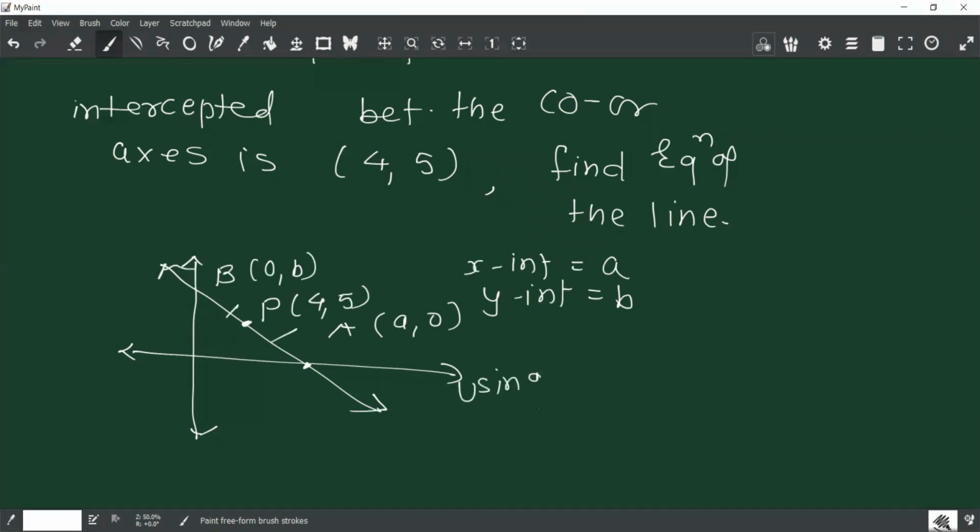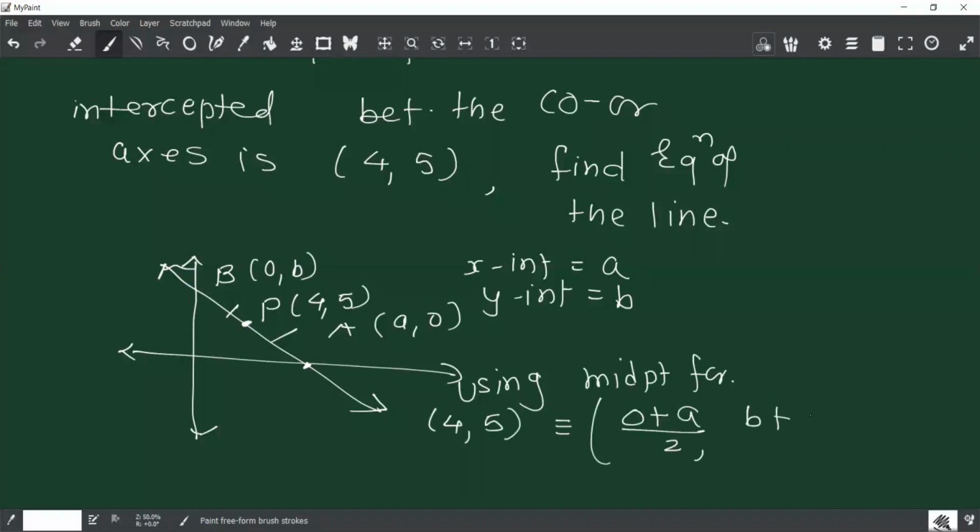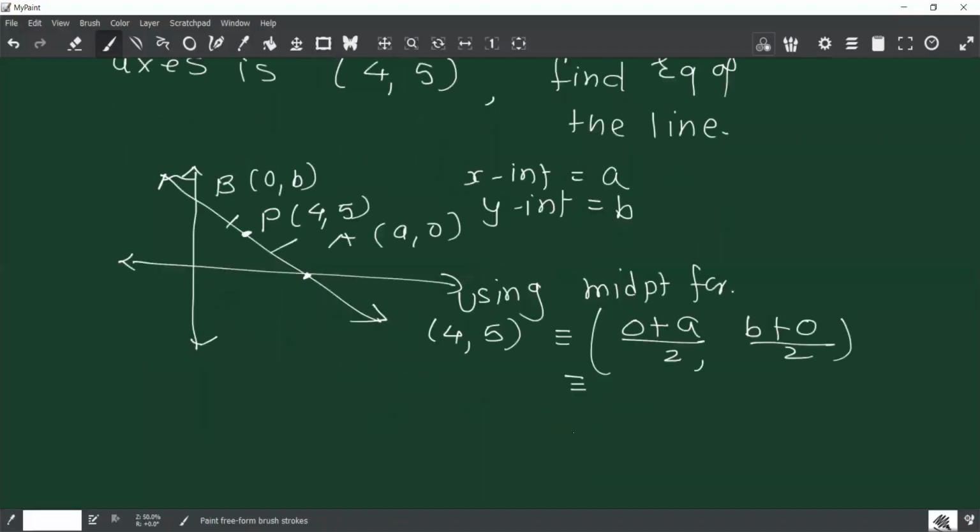So you have to write using the midpoint formula. (4, 5) is (x1 plus x2) upon 2. Because this is an HSC college exam, you have only MCQs, it's fine. But if tomorrow you get subjective questions, then I'm just showing you how to write the steps. So it's (4, 5) equals (A by 2, B by 2). So that gives you the value of A as 8, B as 10.